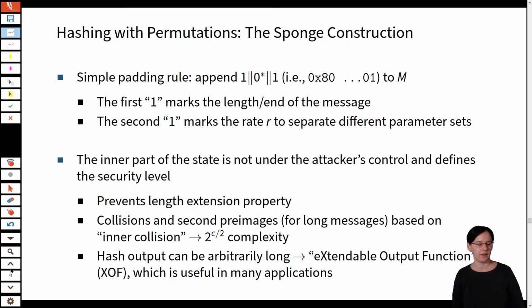And it also defines the security level of the construction, because what an attacker can always do to find a collision is they can try to construct a collision in this inner part, because if there are differences in the outer part, they can always override that with an XOR. But in the inner part, they really must hope for a collision to happen by accident, like in Merkle-Damgård. So if this inner part is large enough, at least twice the security level, then finding such a collision is infeasible.